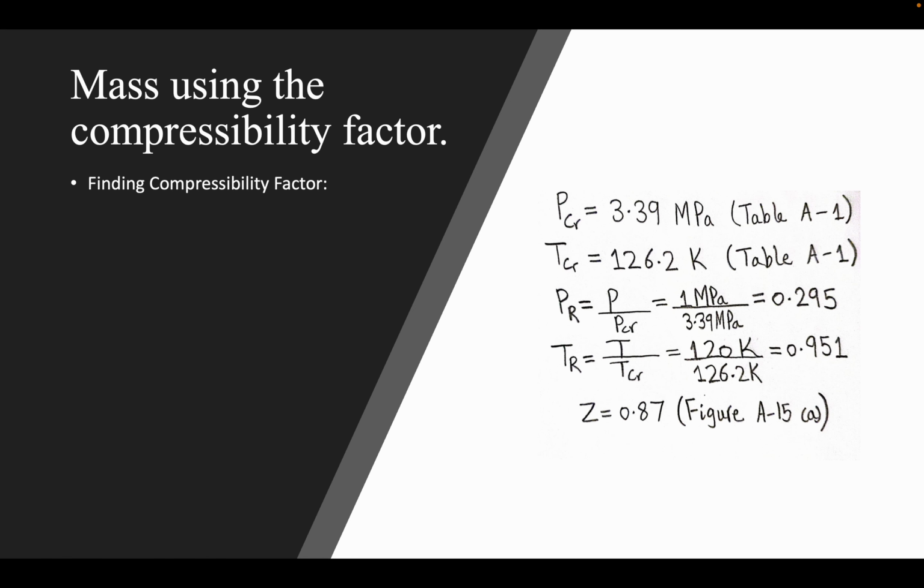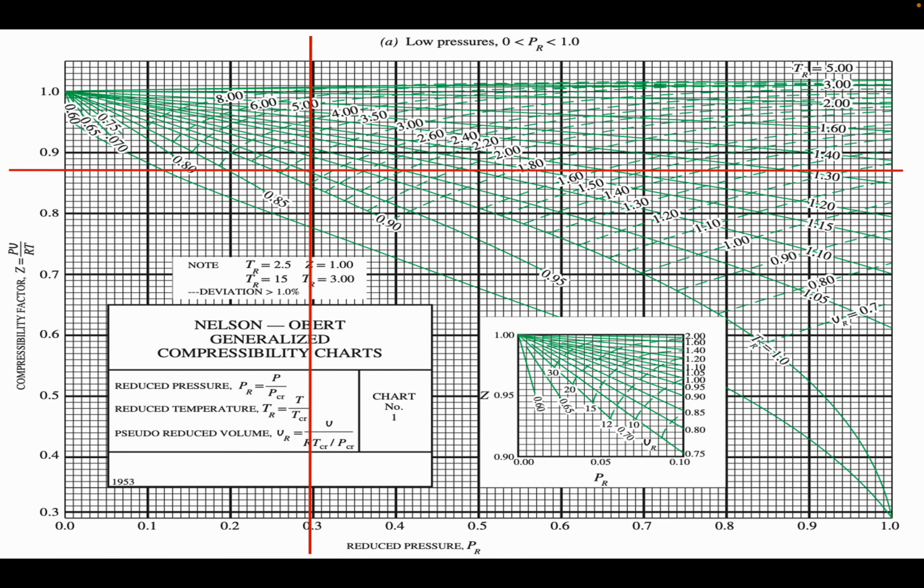So we got for reduced pressure 0.295 and for reduced temperature we got 0.951. These are the two values we got, and now, as the pressure is between 0 and 1, we have to use figure A15A. So we get Z equal to 0.87, and in the next slide we will see how we find the Z. From the x-axis we see where the PR is.